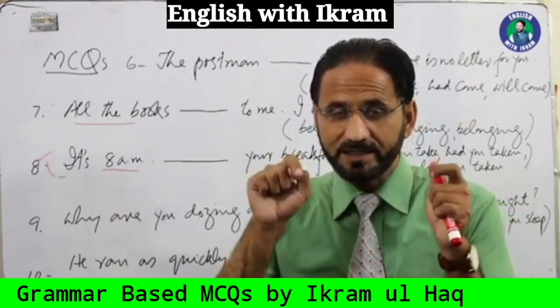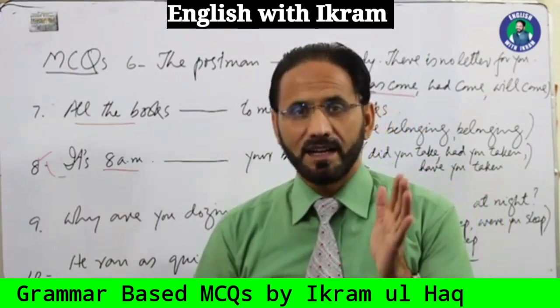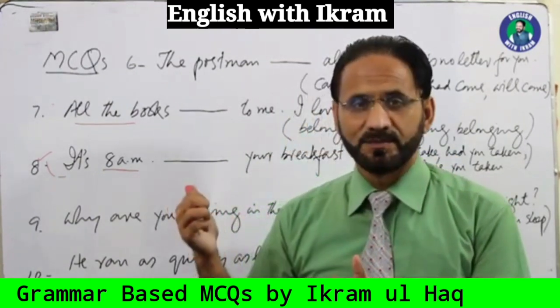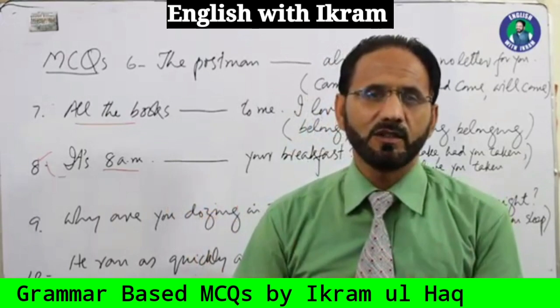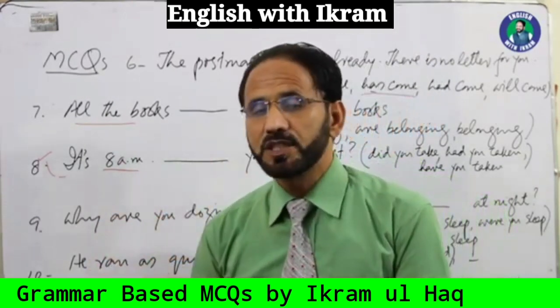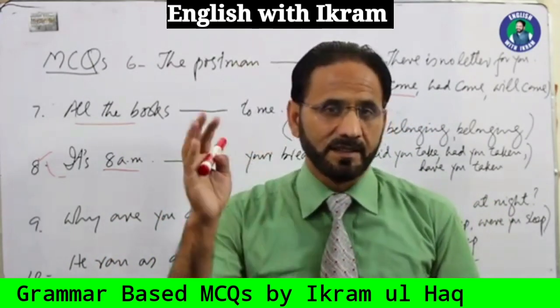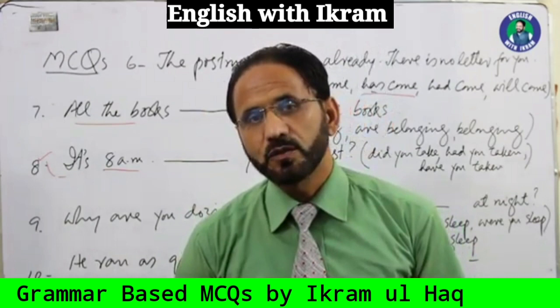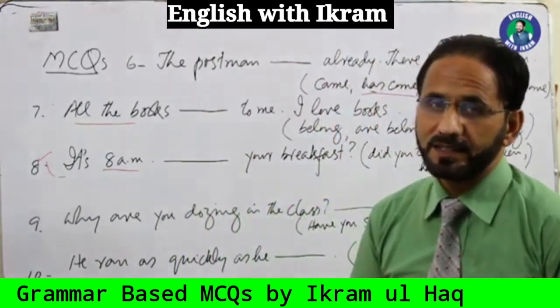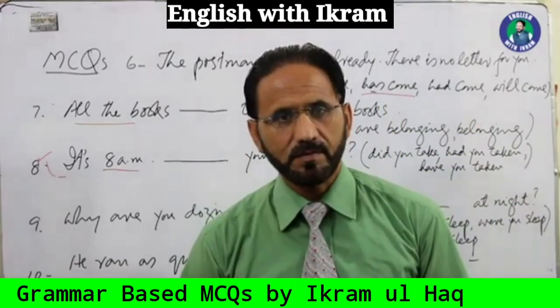Now again look at the sense. I am talking about an action that occurred close to present. Breakfast time is close to 7-8 o'clock. So how will you ask? Which tense will you use? I have again explained in sense and application of the tenses. You will use present perfect because this is an action that occurred very close to present. Okay.